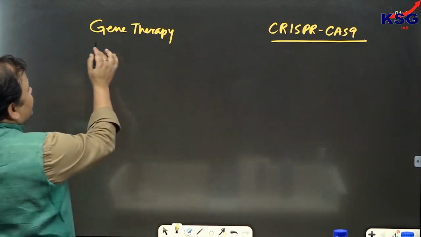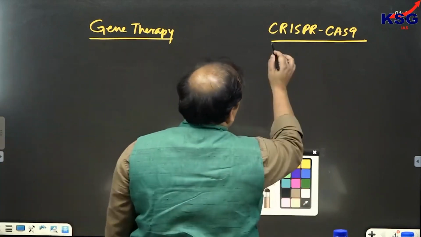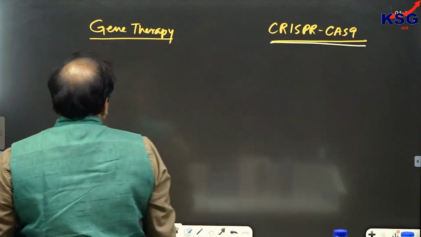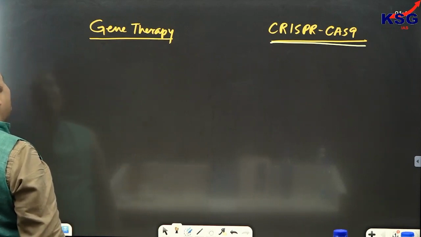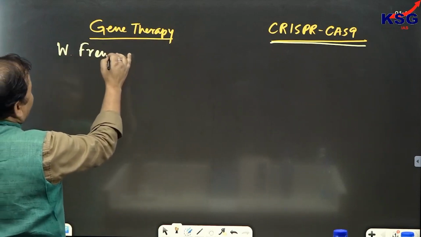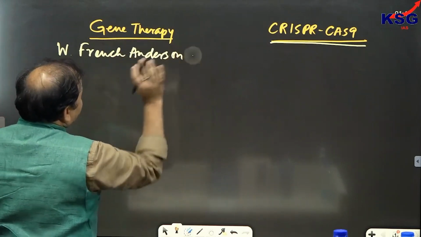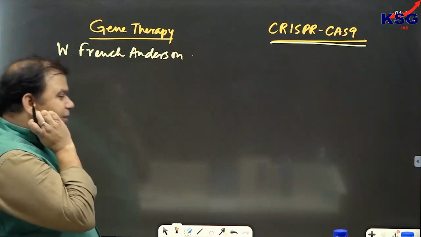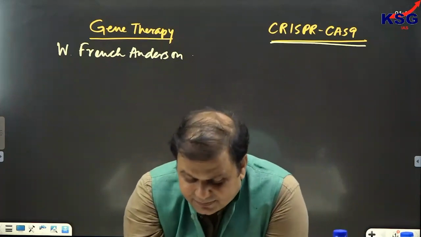But now let's see what gene therapy is and also what CRISPR-Cas9 technology is. Now, when we talk about gene therapy, this gene therapy was developed by W. French Anderson. As far as gene therapy is concerned, the purpose of gene therapy is to remove an inherited disorder in a person.